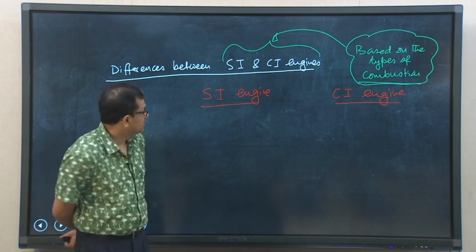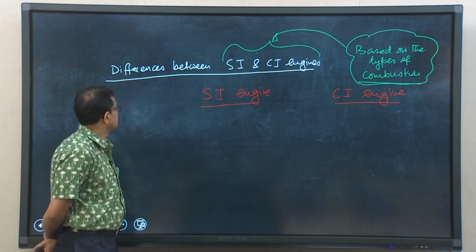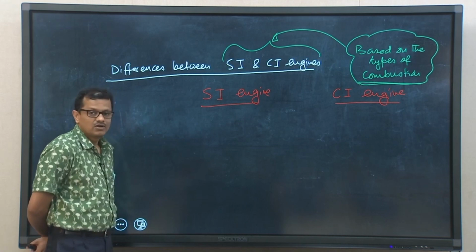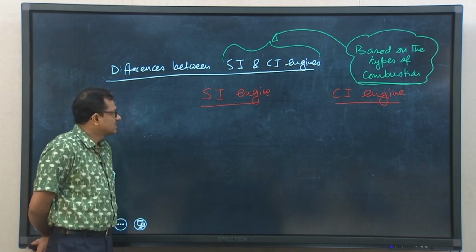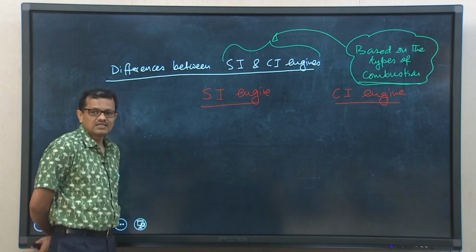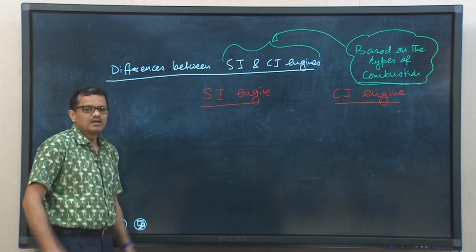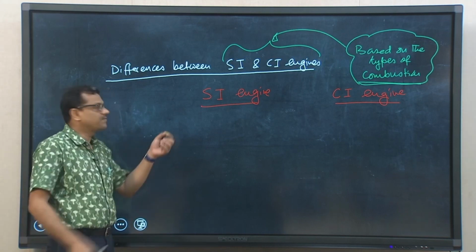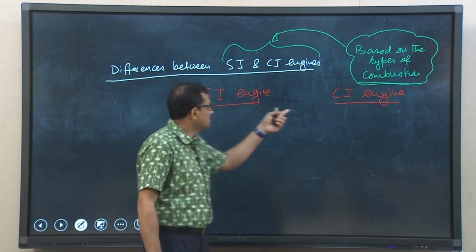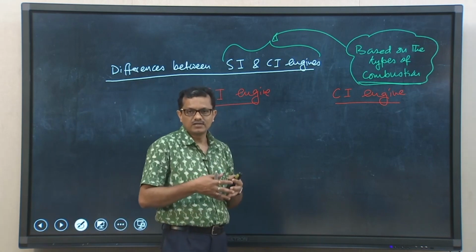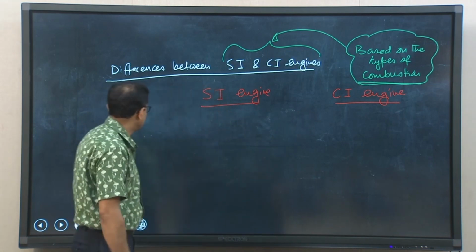So, from that point, if we discuss the differences between SI and CI engines, we must say that both SI and CI engines have much in common, but still there are a few fundamental differences, and those differences make the operation of the SI engine and the CI engine different.